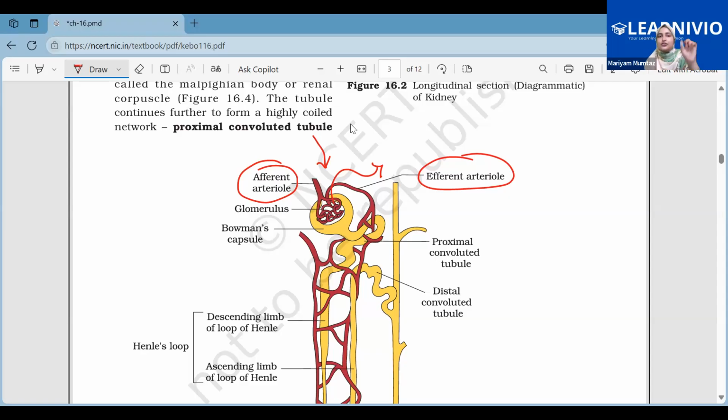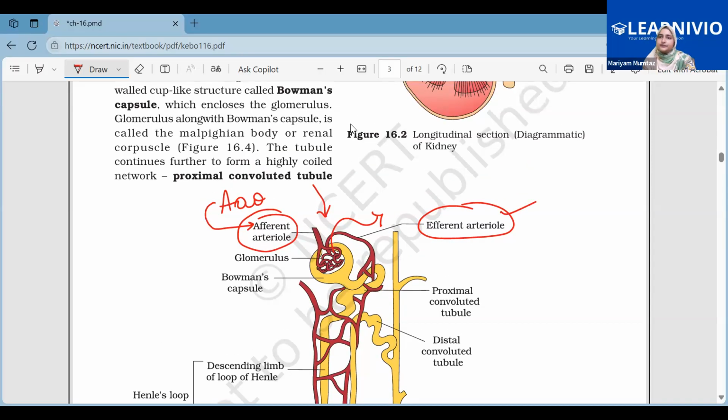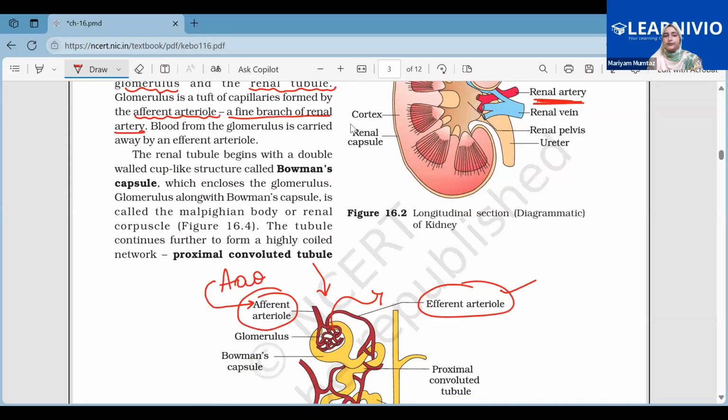It's like ow, so afferent. And the rest that is left is efferent, jaw or bhago. Okay, so the ow part is because of A, and that is afferent. Okay, understood? So the blood will be coming into the glomerulus by this afferent arteriole and it will be carried away by the efferent arteriole.